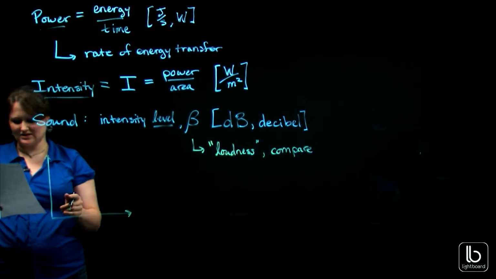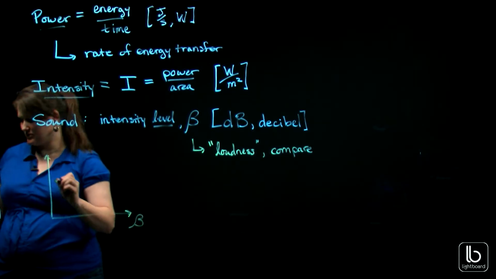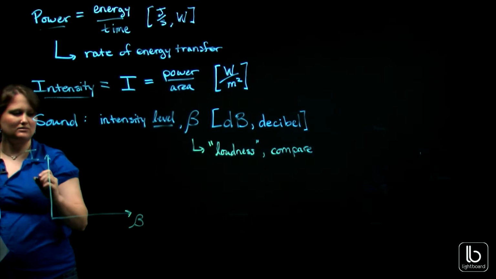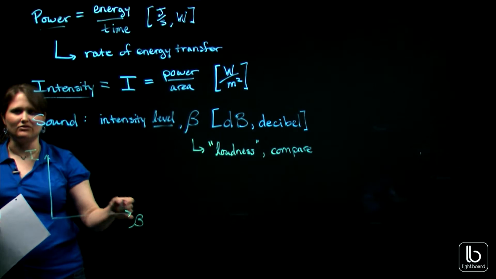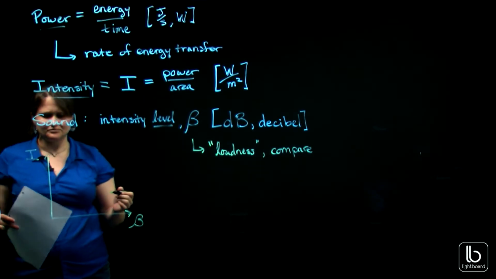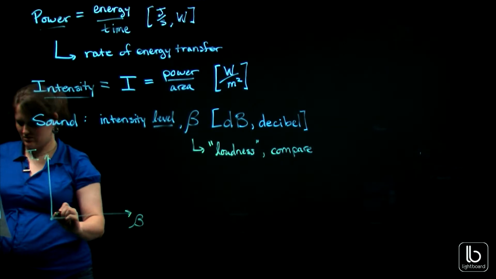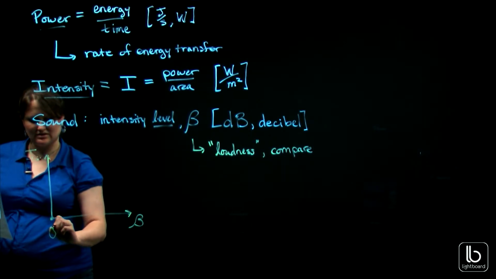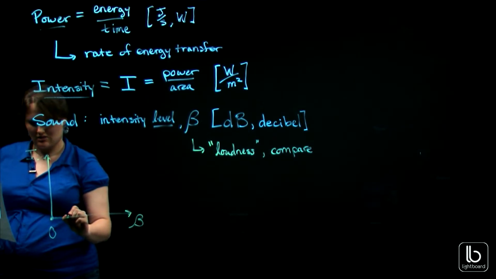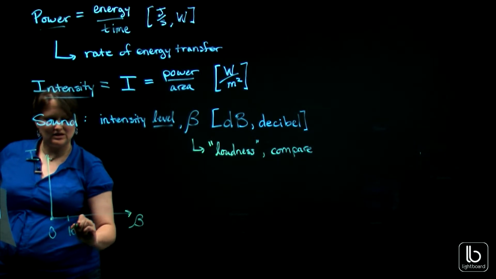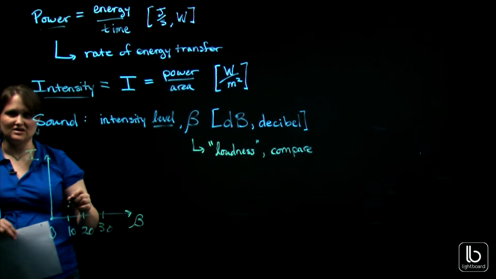Basically the idea is that if I graph my intensity level versus intensity here, I may have something that is, we'll say this is 0 on my decibel scale, and we'll go 0, 10, 20, 30, a nice linear progression.